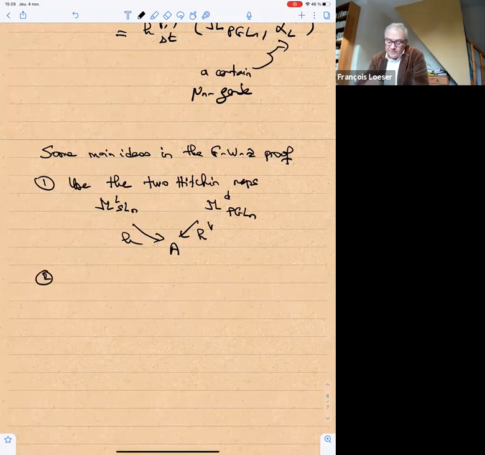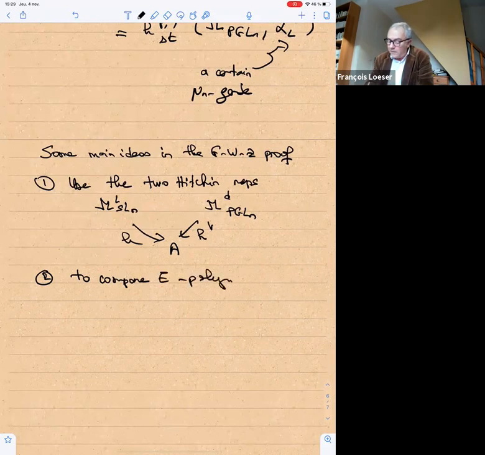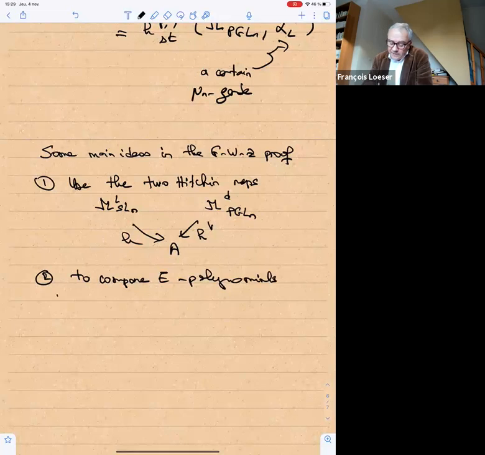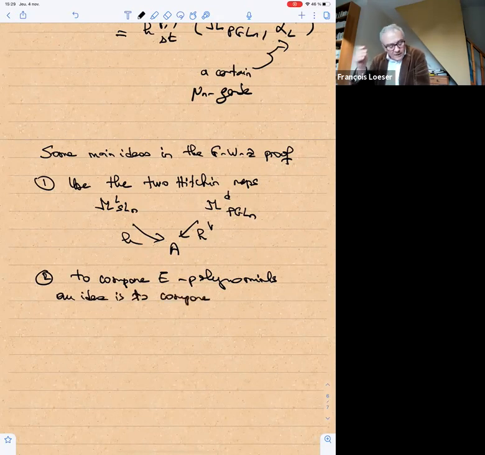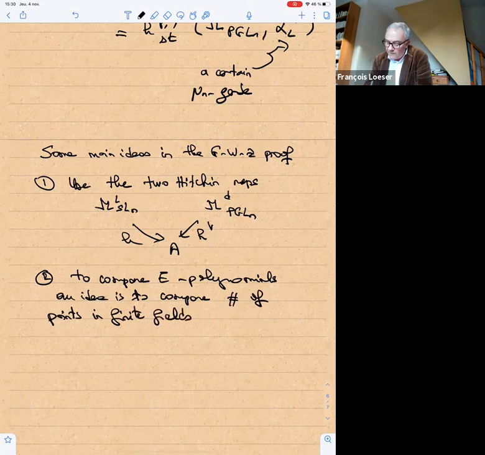So how can you compare polynomials? An idea is to compare the number of points in finite fields on both sides.